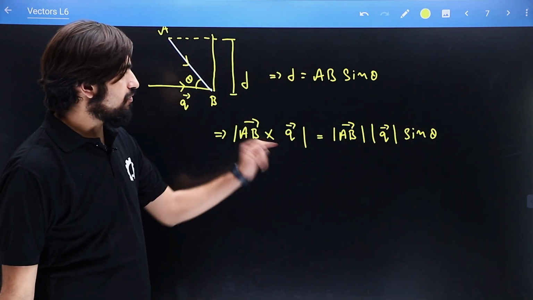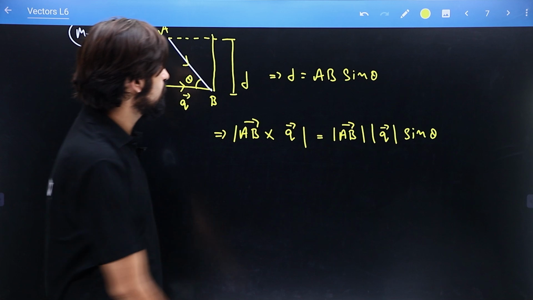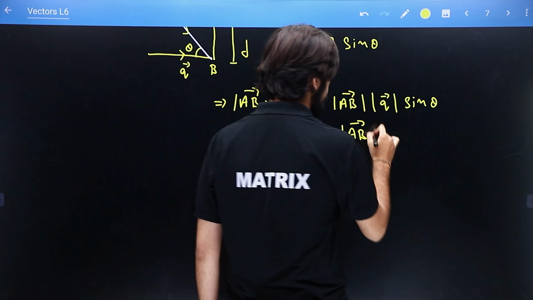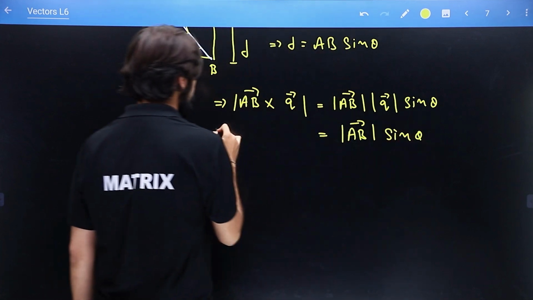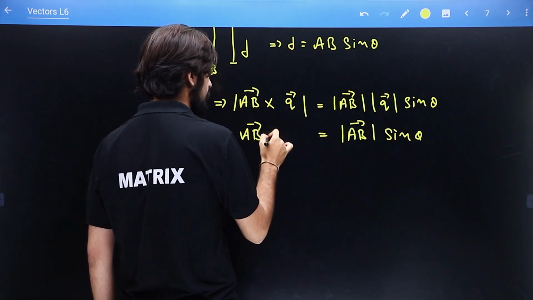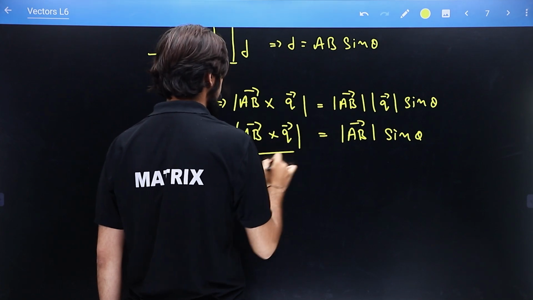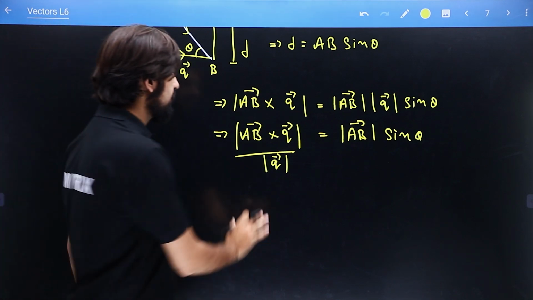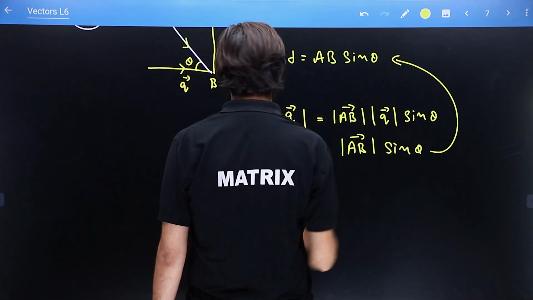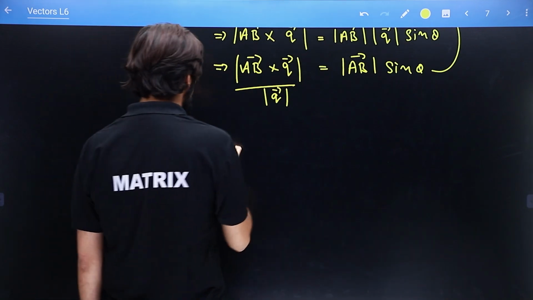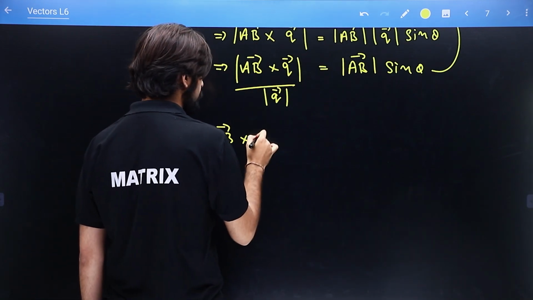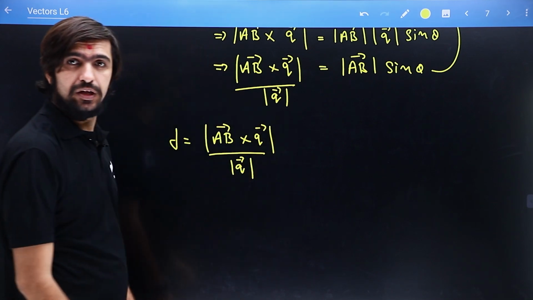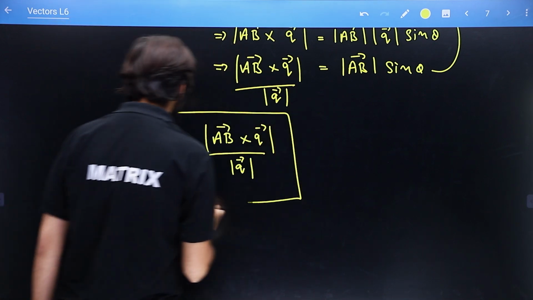So the value of mod AB sin theta will be mod of AB cross q divided by mod q. As simple as that, you can put this in the formula. So the shortest distance D will be mod of AB cross q divided by mod q. This will be the shortest distance between parallel lines.